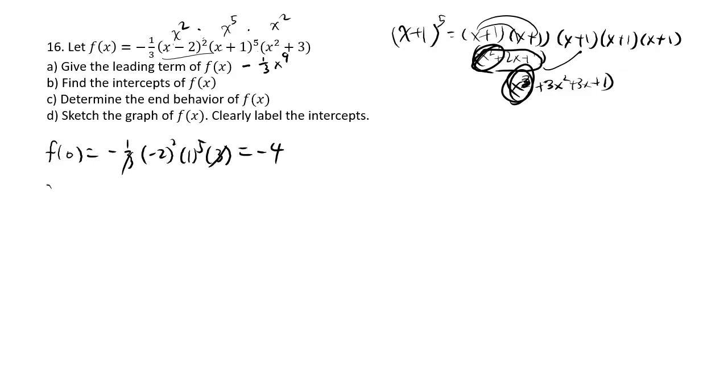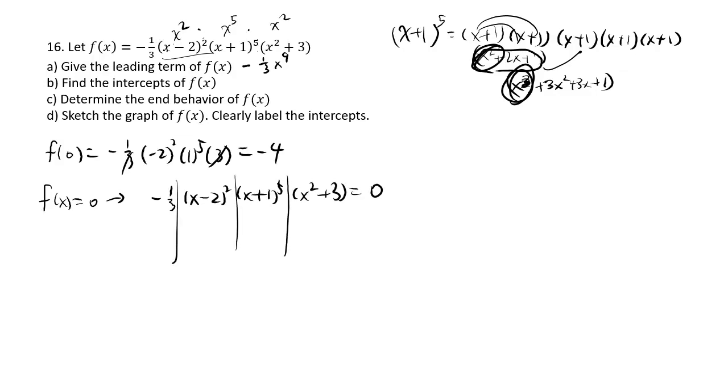And then you want to see when f of x equals 0, that gives you the x-intercept. So when you have negative 1/3, x minus 2 squared, x plus 1 to the 5th, x squared plus 3 equal to 0. When you have a bunch of things multiplied to give you 0, at least one of them has to be equal to 0.